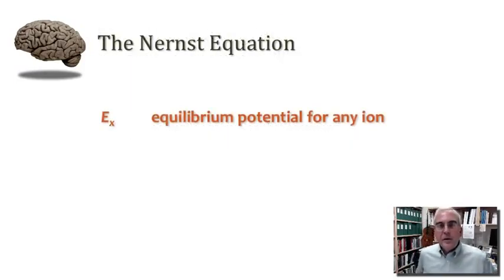Okay, now I think we're ready to consider in more formal, even mathematical terms, how we can predict the equilibrium potential if we know a permeant ion and its concentration gradient. Well, the good news is that this has been worked out, and there's a formulation that explains the relationship called the Nernst equation.